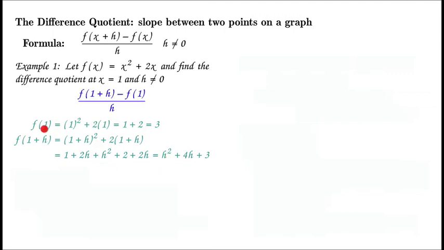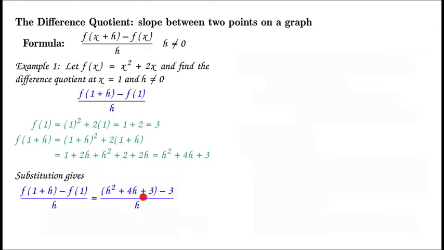So now we're going to substitute these values into our difference formula, and we see that we end up with h squared plus 4h plus 3 from the f of 1 plus h, subtract 3 from f of 1, and then divide by h. So I see that this plus 3 and this minus 3 cancel, so I get h squared plus 4h over h.